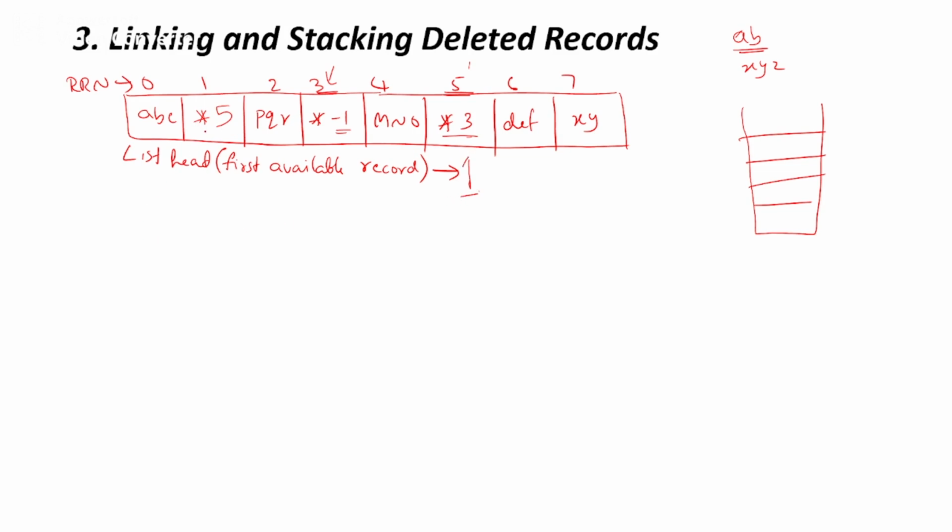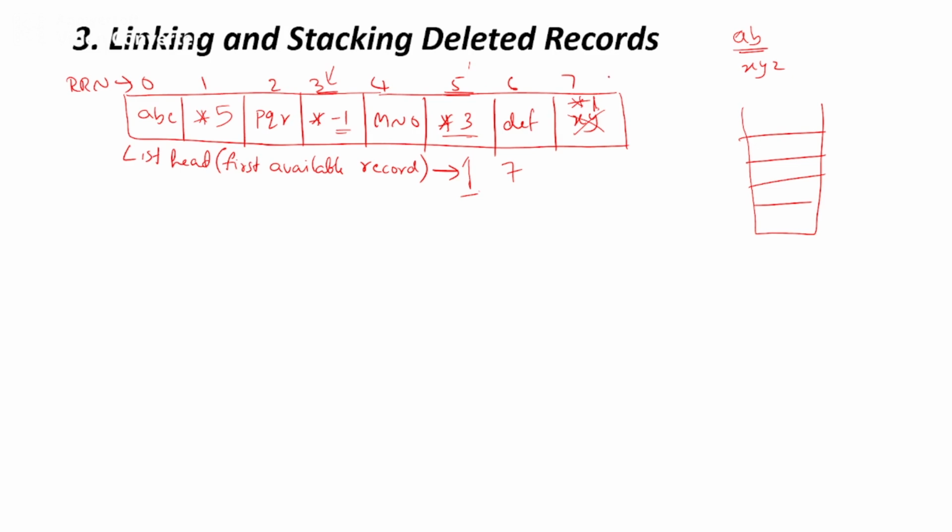Fine. Now once again, if I delete something, say if I delete xy, what can I do? When I delete something from a particular place, I will put the pointer over here to 1, and I will make the list head 7, because the 7th record has just been deleted.